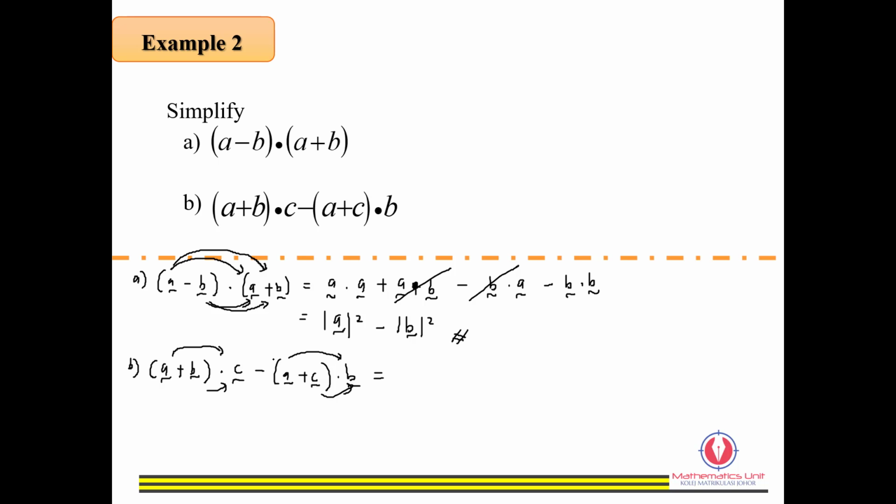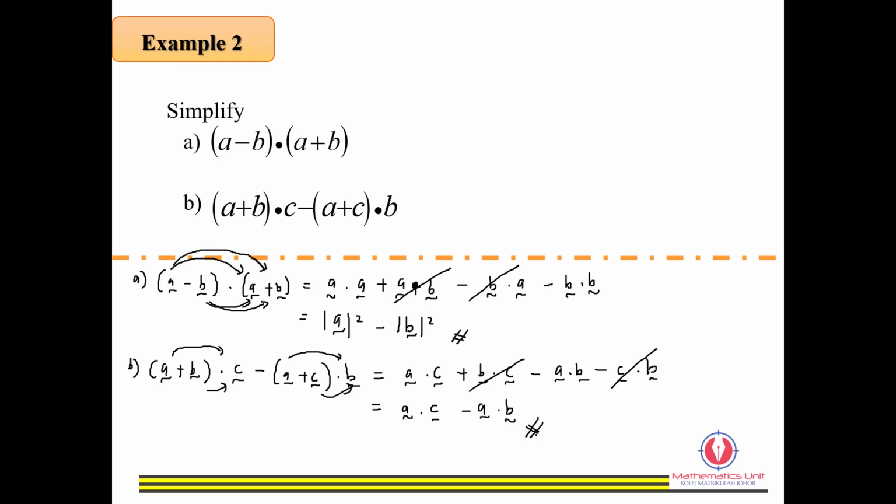As we expand, the first one is A dot C plus B dot C, and then the next one is minus A dot B, and the last one minus C dot B. As you can see, B dot C is equal to C dot B. So this one is plus, this one is minus, so we can cancel off these two. So it's just A dot C minus A dot B. So this is the simplest form.